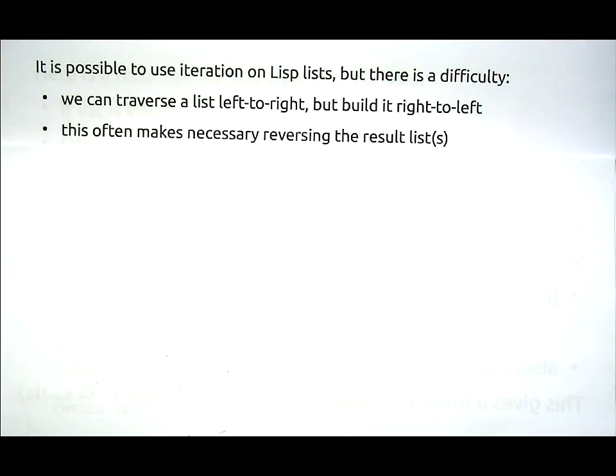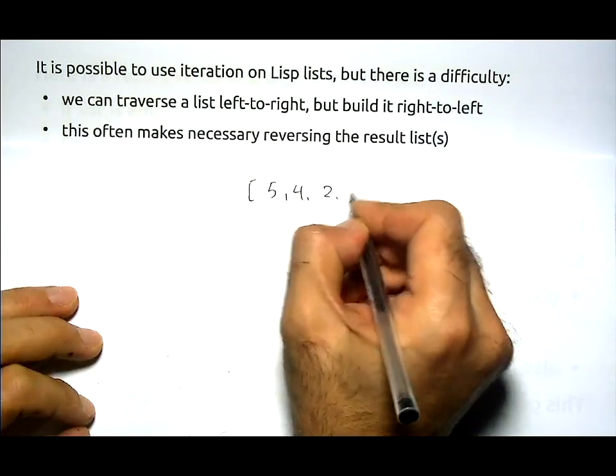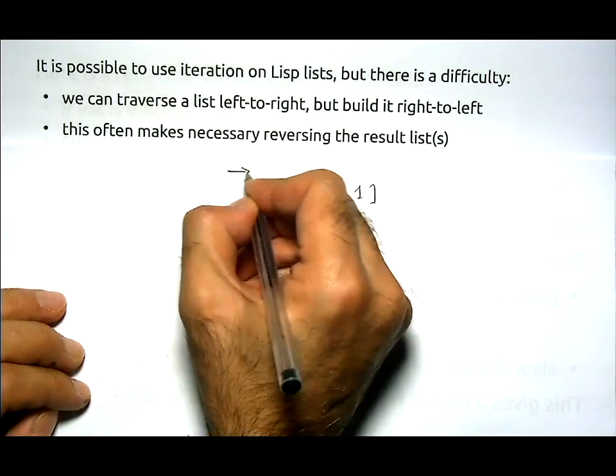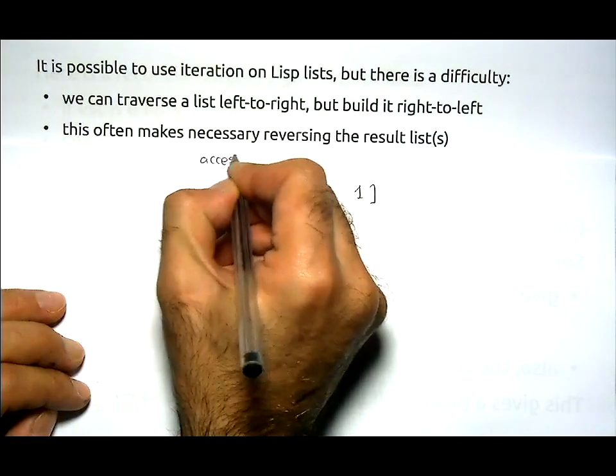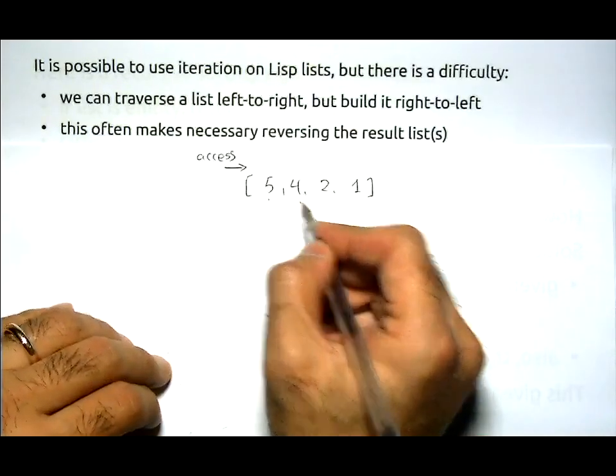And another, nastier problem is that when you have a list that's already constructed, let's say 5, 4, 2, 1, you can access its elements from left to right, because you say head, and then you get the tail. So you access first 5, then 4, then 2, then 1.